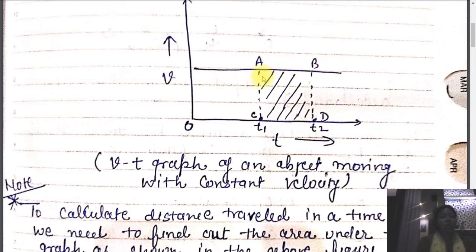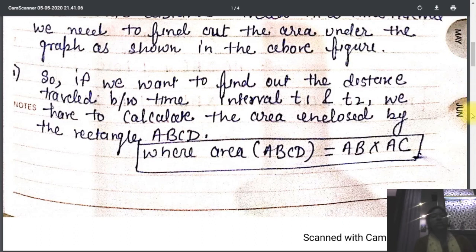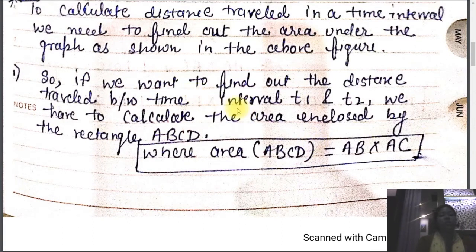AB into AC will give us the area of the rectangle ABCD, and that area will give us the distance traveled by the object during the time interval t1 and t2.